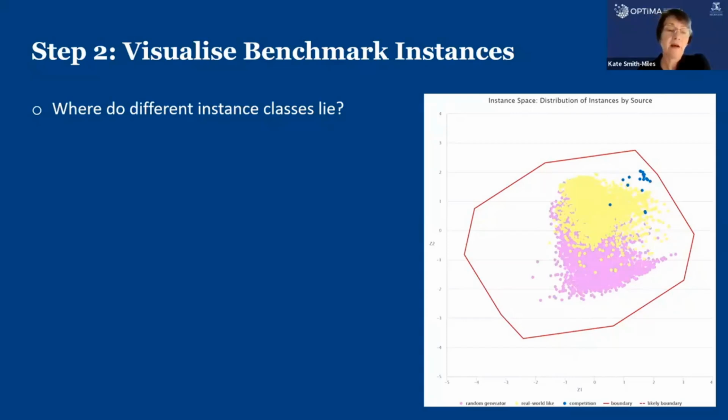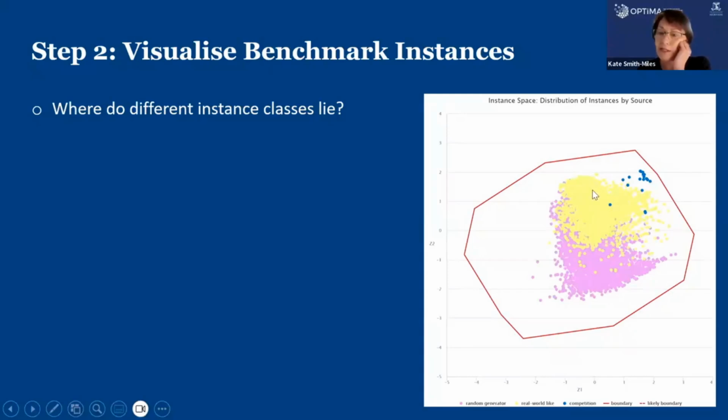And then that creates a bounding box in the 5-dimensional space, and then the vertices of the bounding box we just project to the 2D using the same projection algorithm. So that's how we get the red boundary. It's not theoretically possible for an instance to lie outside this boundary. That would mean it has feature values that are impossible, outside the bounds.